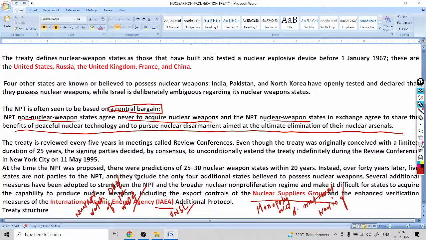Fine. So these two, along with the additional protocols, try to safeguard the world from nuclear weapons and check the spread of nuclear weapons and weapon technology, but facilitate peaceful use of nuclear energy and the technology for wider humanitarian use. Fine.